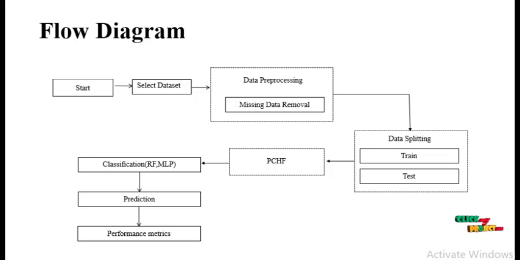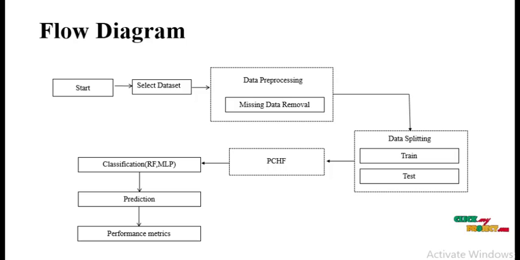After data splitting, we are going to apply a technique such as principal component heart failure novelty for selecting a prominent feature which will help in prediction and also in giving higher accuracy.